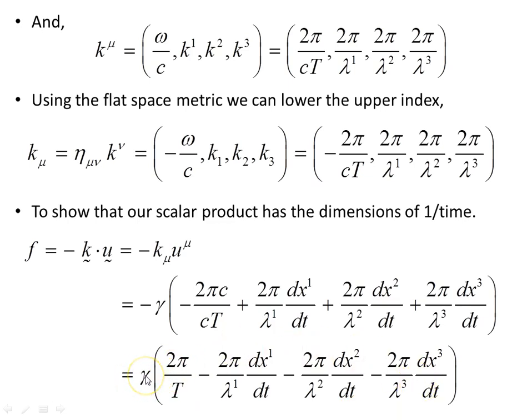So gamma, as I said, is dimensionless. If you look here, 2 pi is a scalar over the time, so 1 over time. Here the units are lengths and lengths. They cancel, and this becomes 2 pi scalar over units of time. And so all of these are 1 over time in units. So that's a reasonable expression. It does give us the frequency in terms of dimensions. So it's a reasonable expression to use.